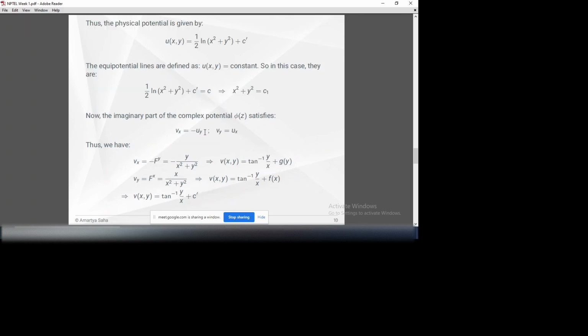So we use the Cauchy-Riemann equations: V_x equals minus U_y and V_y equals U_x. V_x, which is minus U_y, and U_y was the y component of the vector field. So just substitute here, and we get V_x equals this, and similarly V_y equals this, x by x squared plus y squared.